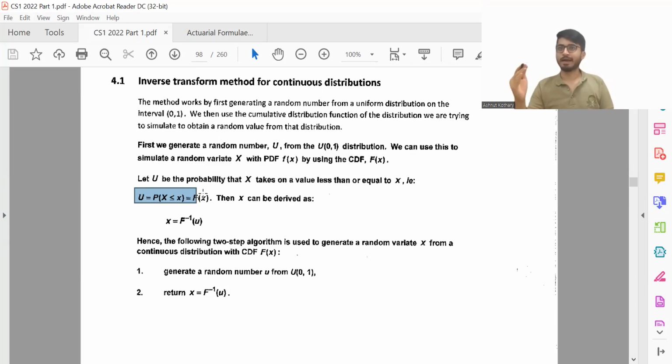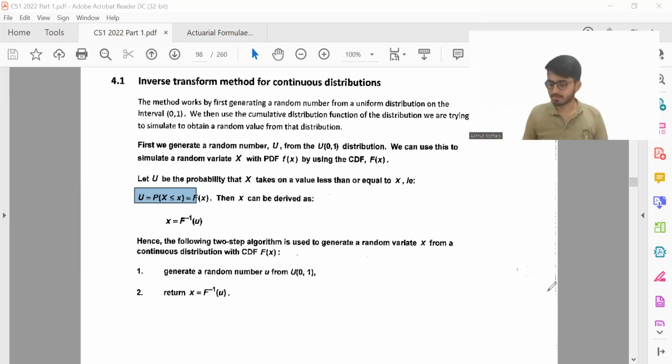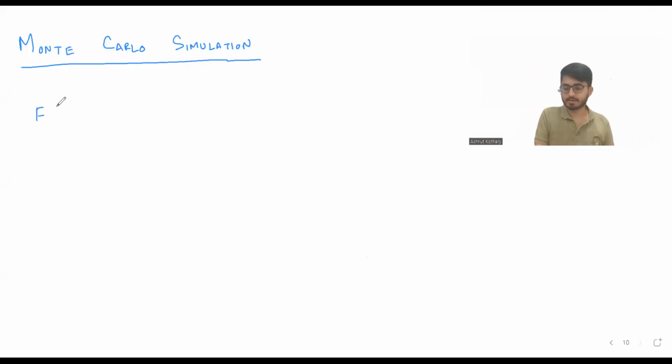There is a result that whatever the distribution of X, Fx follows a uniform distribution. You can quote this result: if Fx is the CDF of any random variable X, then Fx follows a uniform 0, 1 distribution.